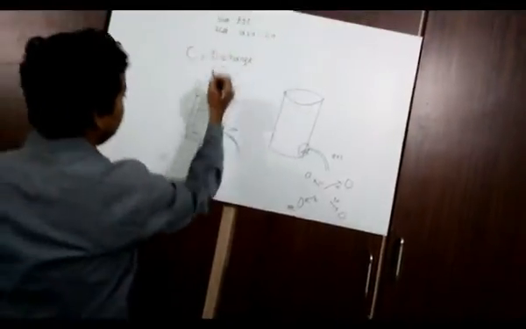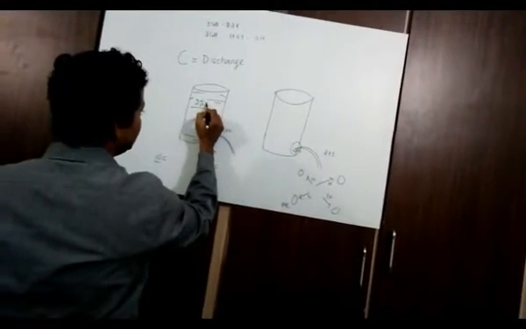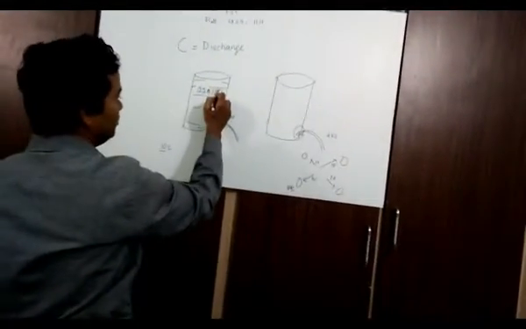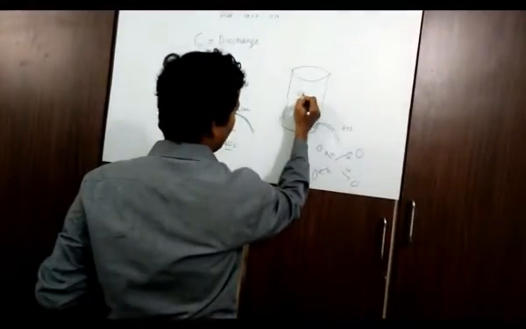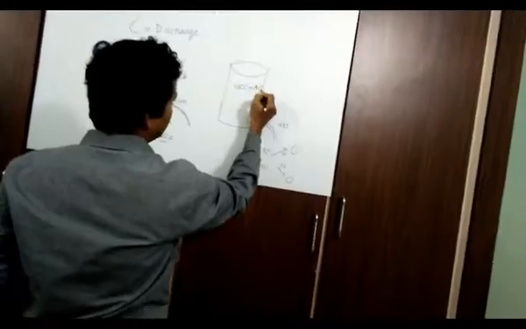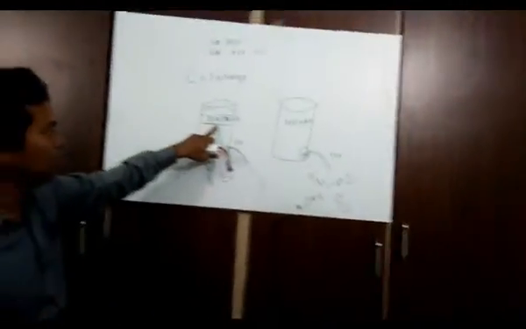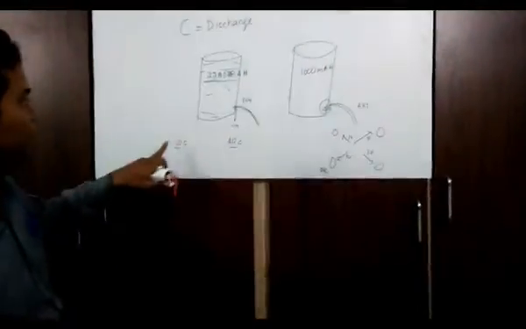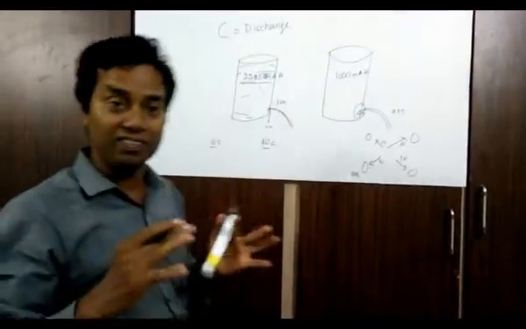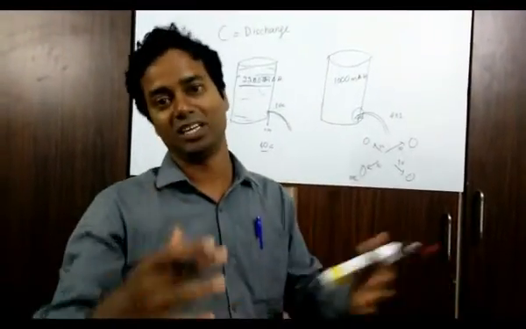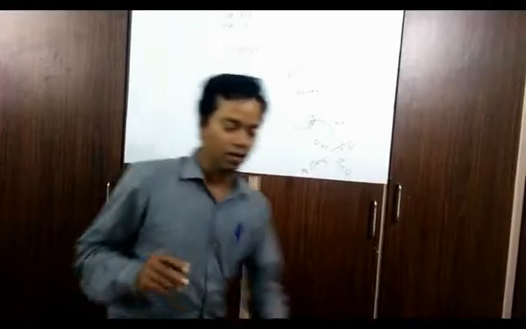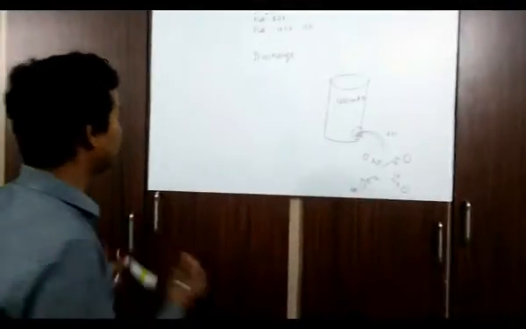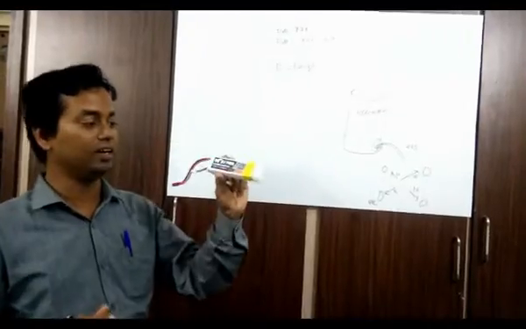Now this 2200 milliamp hour, or something like 1000 milliamp hour: if it is 25C, how much current can it discharge, what is the maximum amount of current it can discharge? If you have a 200 milliamp hour battery, you can find out how much maximum current it can transfer.